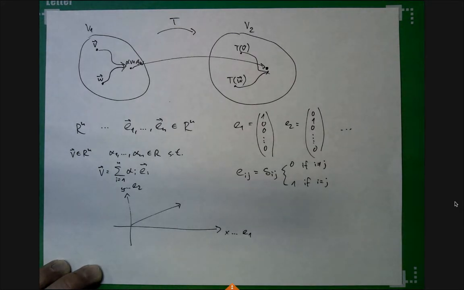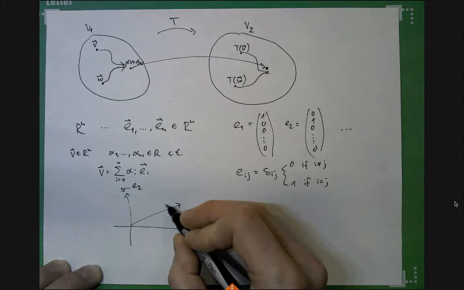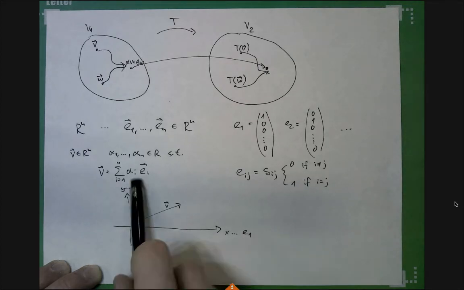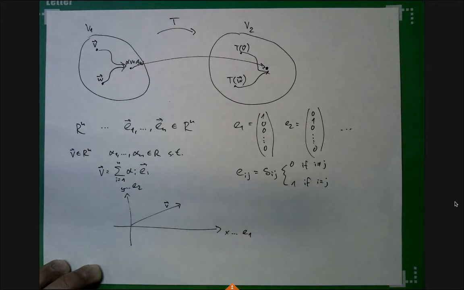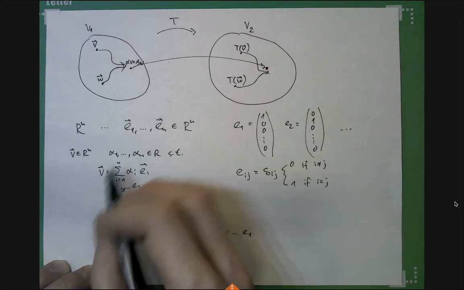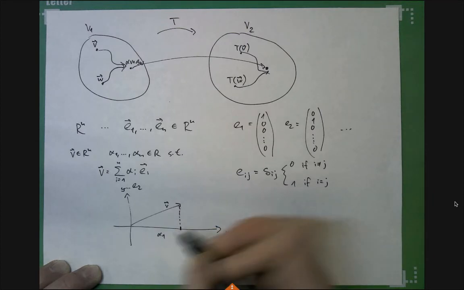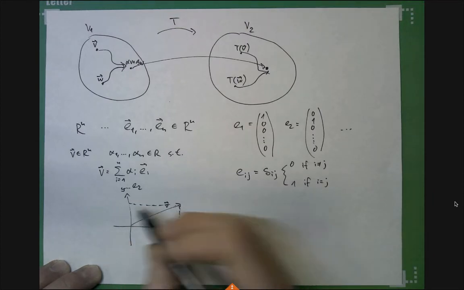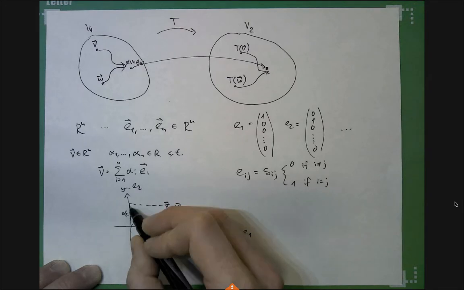I always like to see the geometric intuition behind it. The coordinates of this vector v with respect to the standard basis vectors. What are they? That's simply the orthogonal projection on each of the axes, right? So in this notation, this would be my alpha 1, and this would be my alpha 2. This length here.